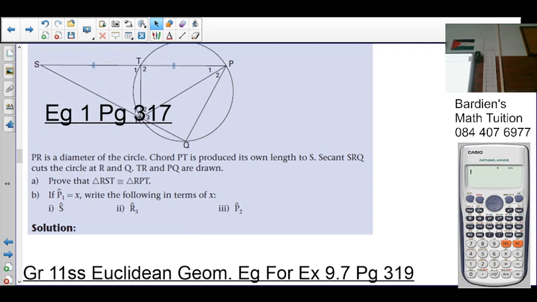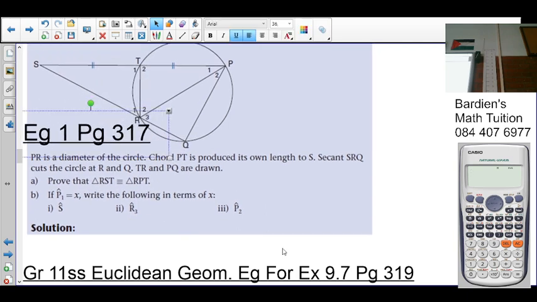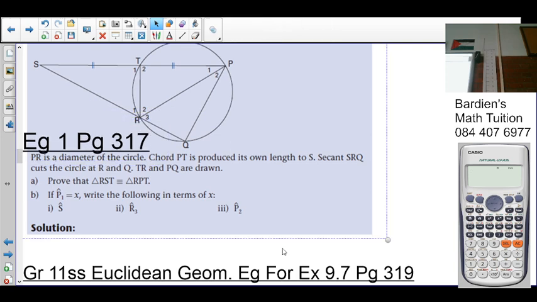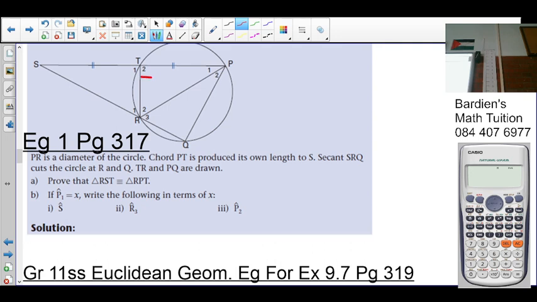People, here we go. First question. We are told that PR is the diameter of the circle. If PR is the diameter, what do we know? We know that T2 is 90 degrees. Why? Angle in semicircle. And angle Q is 90. Why? Angle in semicircle.